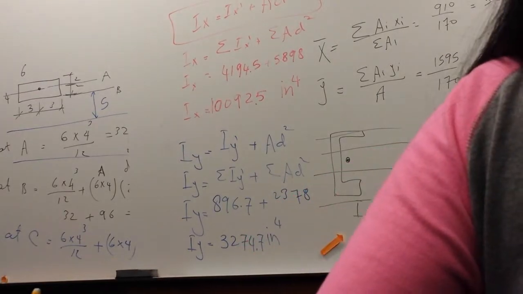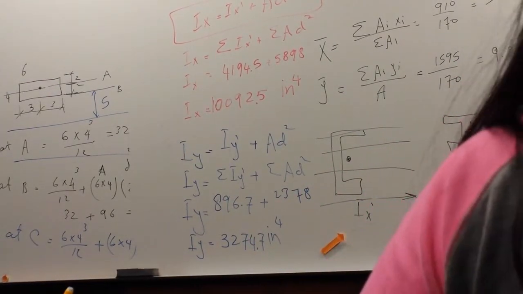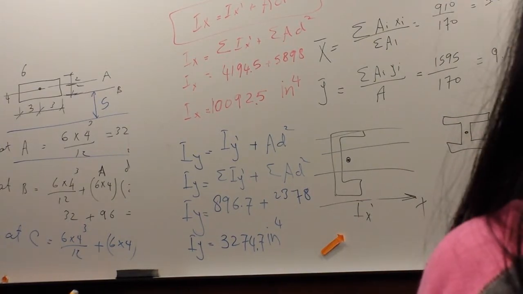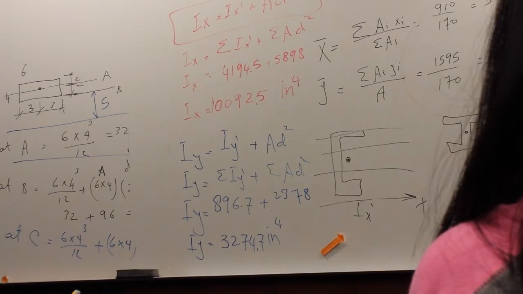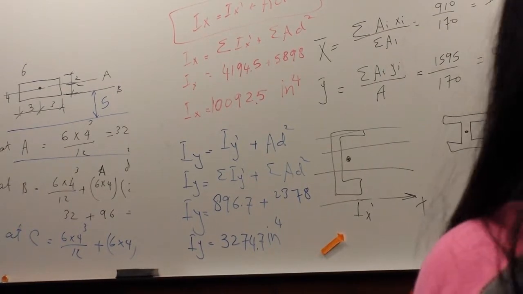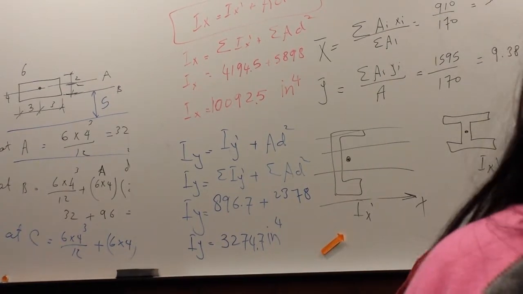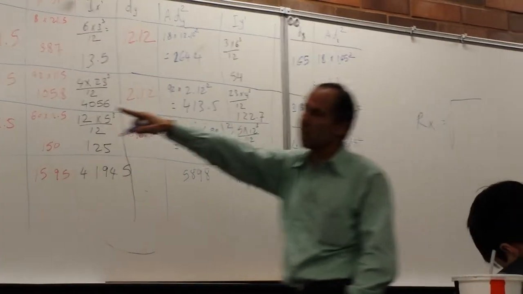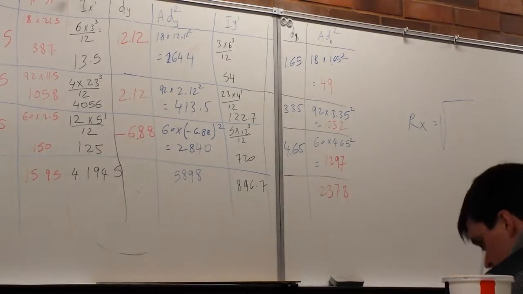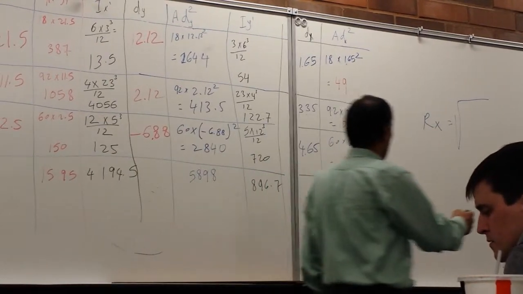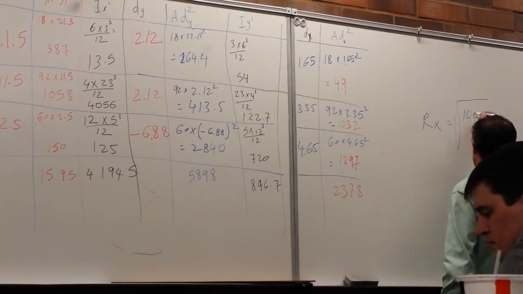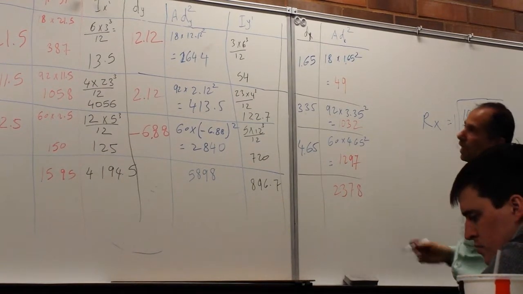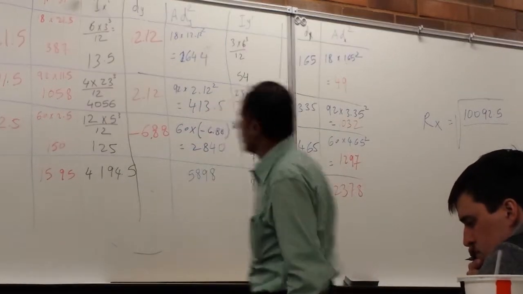The last thing is Rx, radius of gyration on x direction, is square root of Ix. What we calculated for Ix here, 10,092.5 over the total area of the structure, 170.